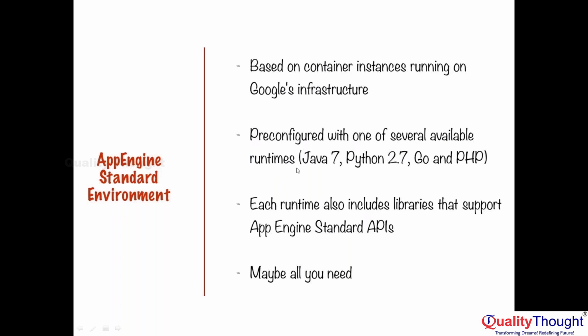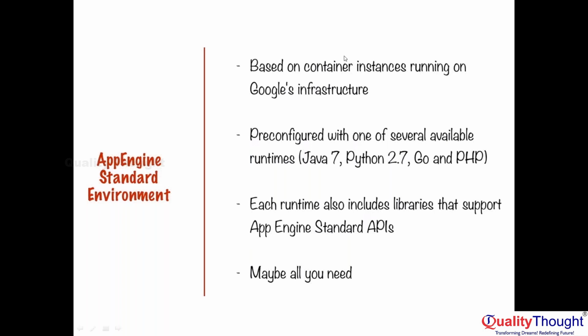It is pre-configured with all the servers and other things. There are several runtimes; runtime is nothing but programming languages like Java and Python. Each runtime includes all the libraries within the instance. You need not copy or download anything; everything will be available here itself. It will support complete App Engine standards.